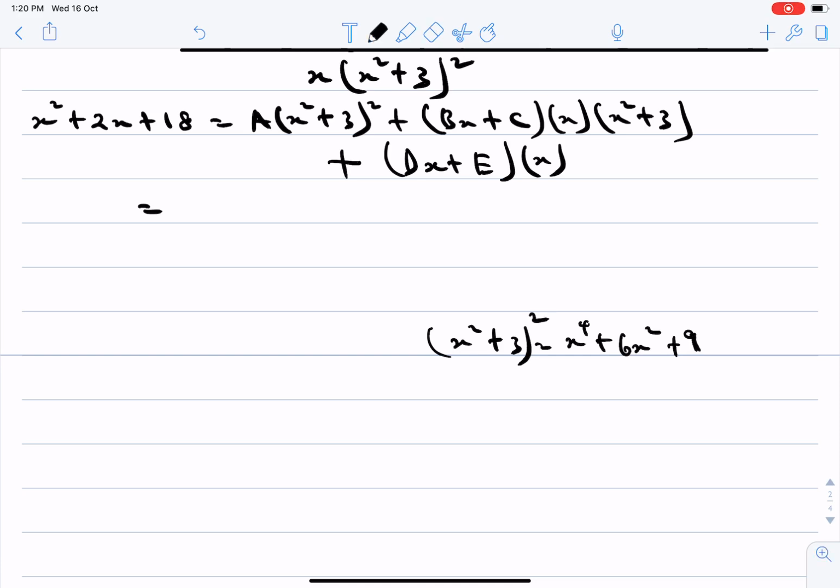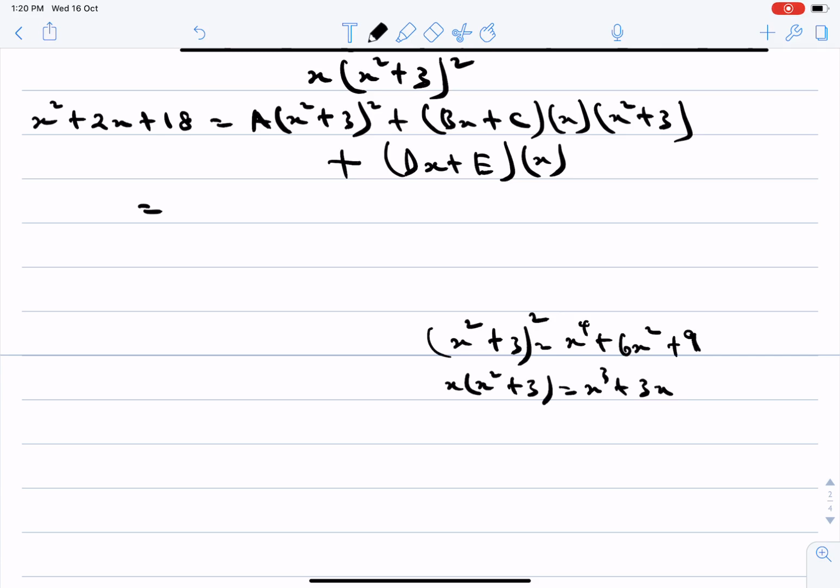And x times x squared plus 3 is the same as x cubed plus 3x.